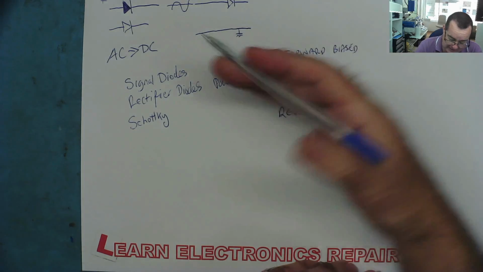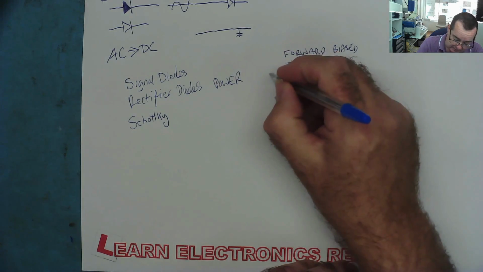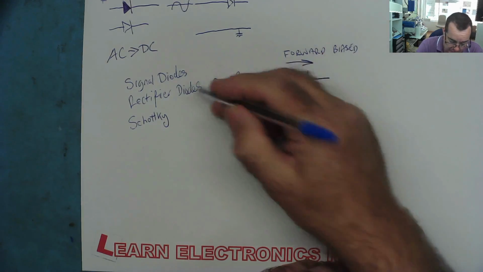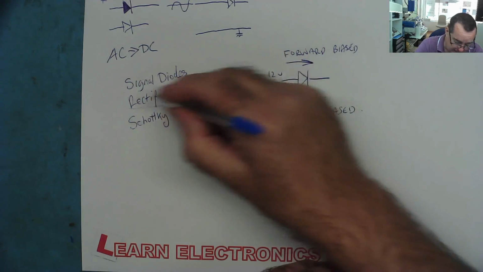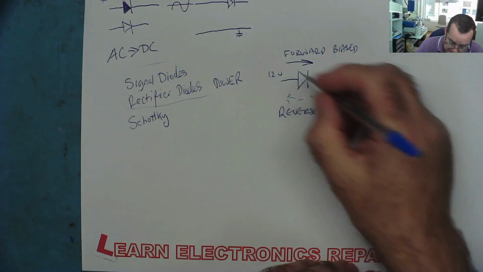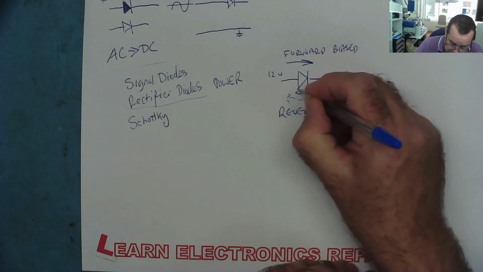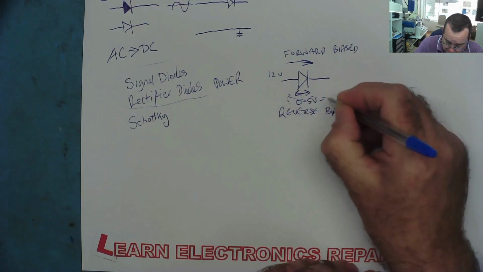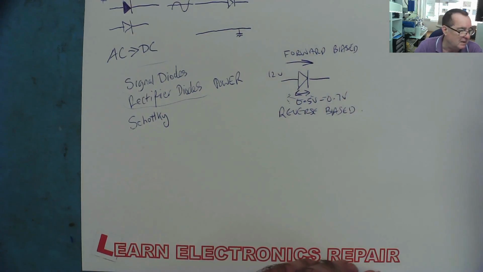So basically, in a circuit, if for instance there was 12 volts at this end of the diode, on a normal rectifier diode or a signal diode, it will actually drop across it 0.5 volts to 0.7 volts, depending on the diode. 0.6 is an average.